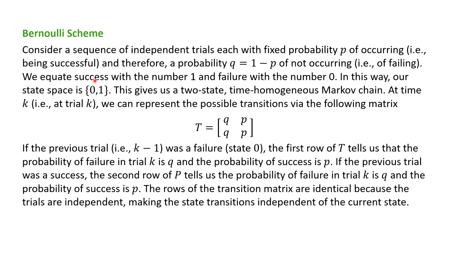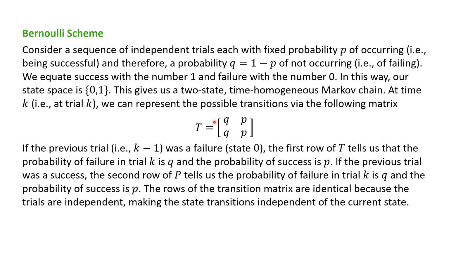We equate success with the number 1 and failure with the number 0. In this way, our state space is {0, 1}. We didn't have to do that, but that's one option. This gives us a two-state, time-homogeneous Markov chain at time k, where k is the number of the trial. We can represent it with this transition matrix.